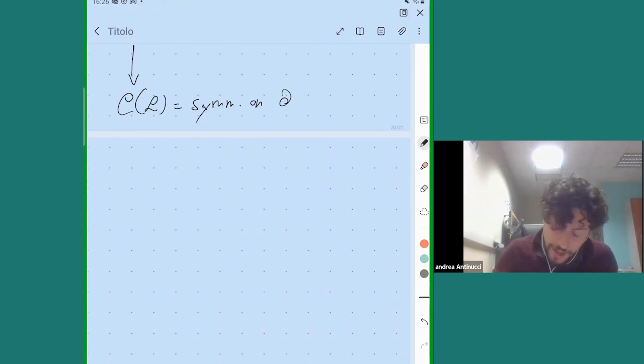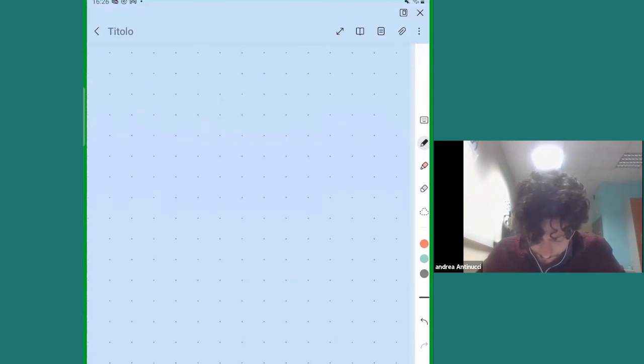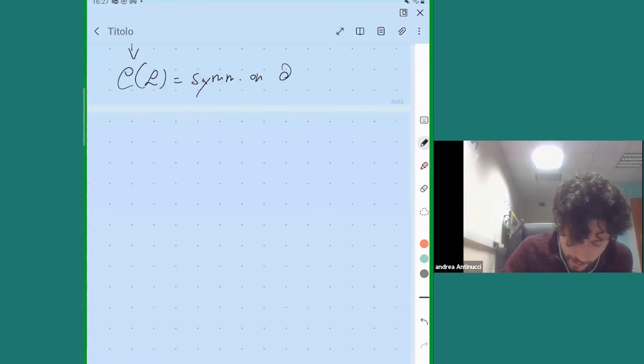And another method, which is kind of a trick, which is sometimes doable, is to construct this symmetry TFT by, how can I say, by gauging in steps. Let me explain what I mean.